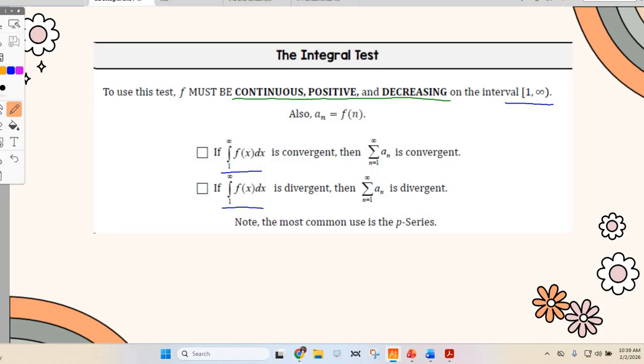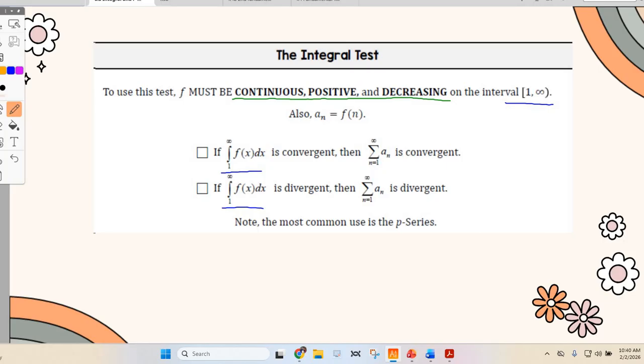So if we need our a sub n to be decreasing, yes, but our x values are getting bigger and bigger, what do we think we're probably going to end up with a lot of? What type of thing? As something in it gets bigger, the whole thing gets smaller.